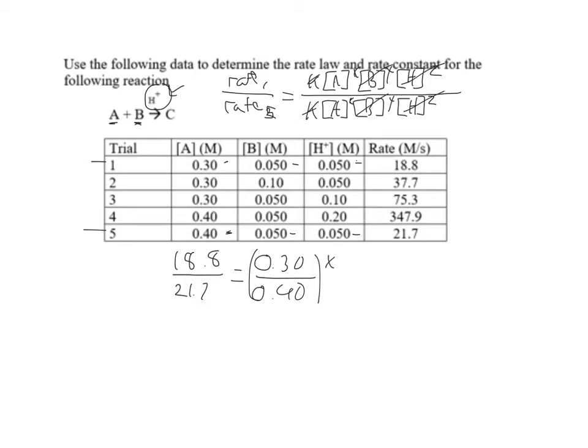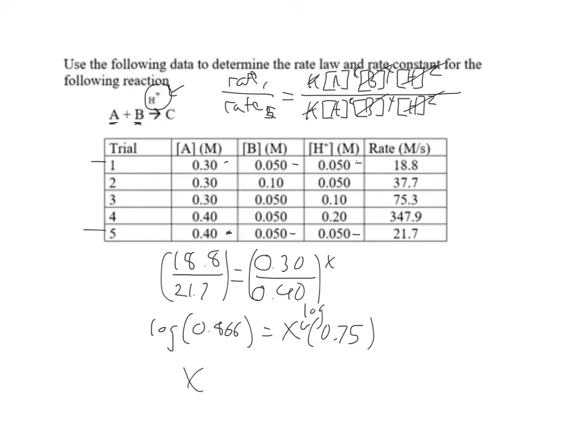Now we'll use the log to extract the X, and in this case I'm going to use the log base 10, and so I've already evaluated this value, and we end up with the log of 18.8 over 21.7 is equal to 0.866 equals X times the log of 0.3 over 0.4, which is 0.75. This should have the log in here as well.